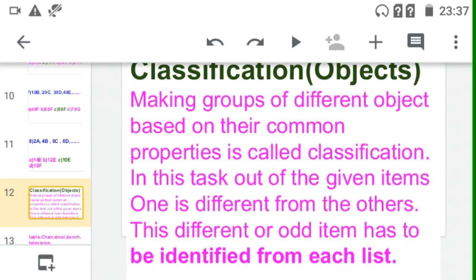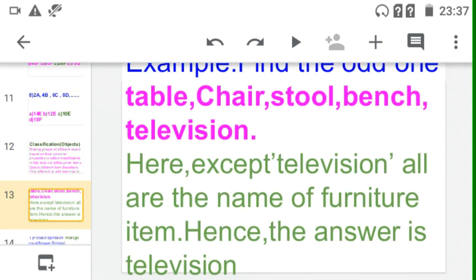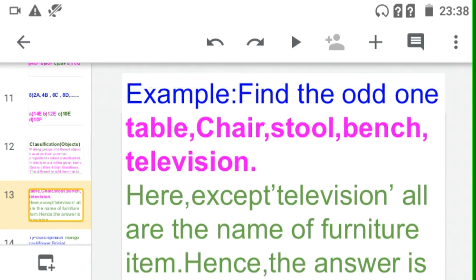So this different or odd item has to be identified from each list. So we have to find the odd item from the given objects or classification. Correct. So now see how we will find the odd one from the given. So see, there is an example. Find the odd one.